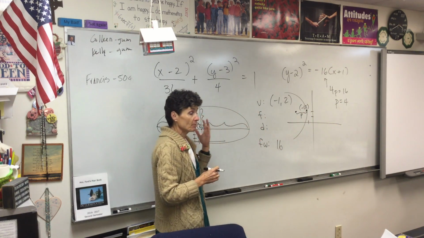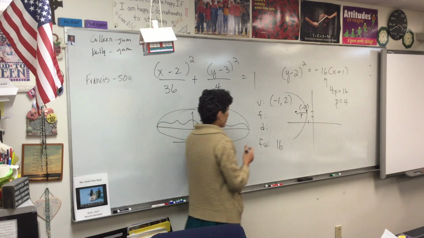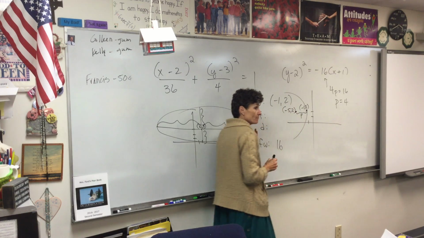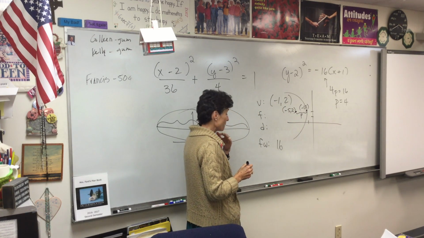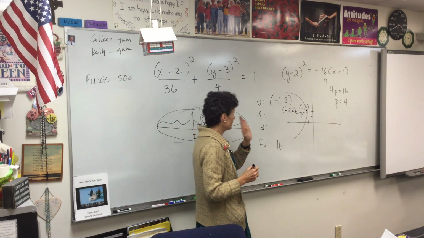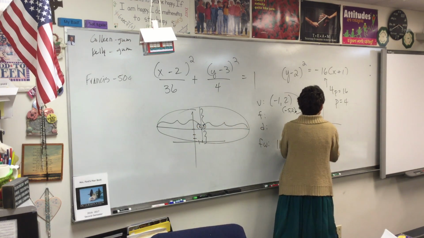I'm going to back up 4 from this point. So that puts me at -5, 2. That's my focus. And then if I came back 4, I'm going to go forward 4.